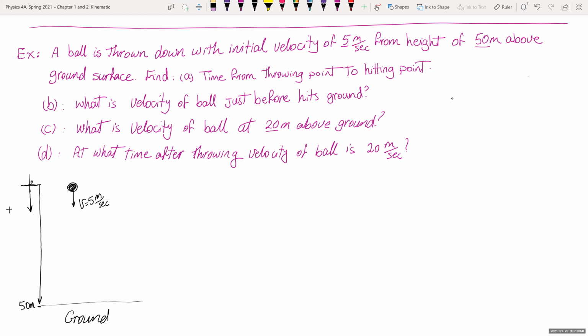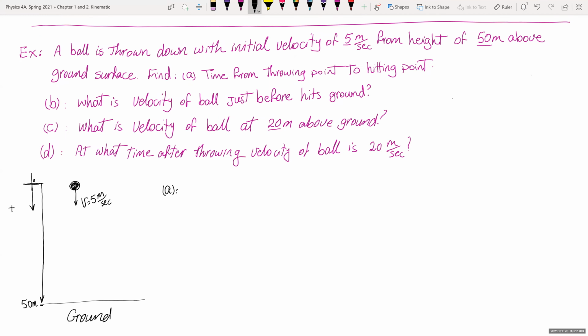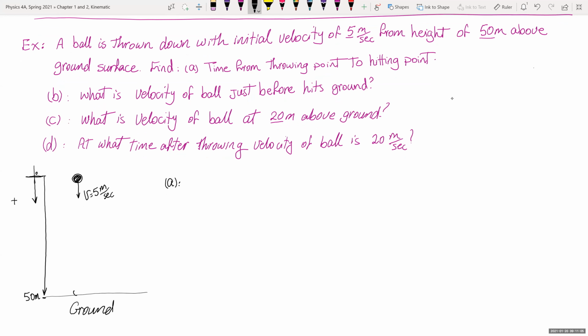It says find the time from the throwing point to the hitting point. So part A. Guys, verify knowns and unknowns.